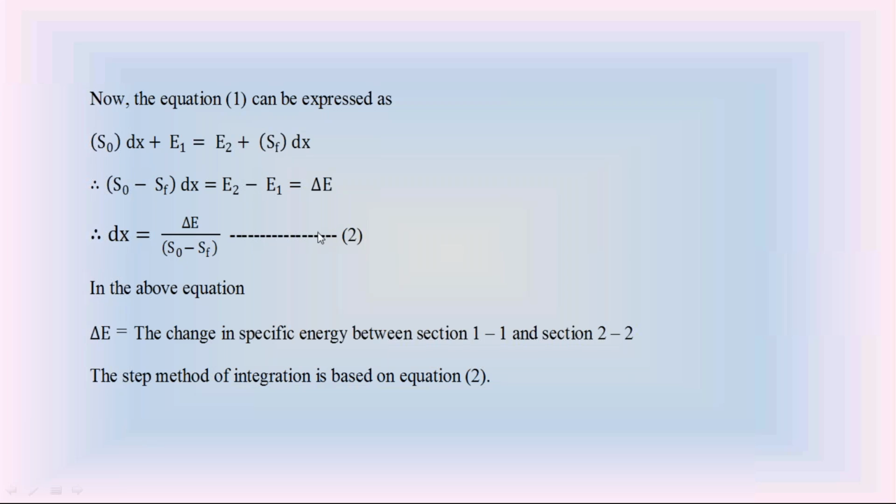So by using this equation 2, we can calculate the length of the water surface profile dx in the small portion of the channel.